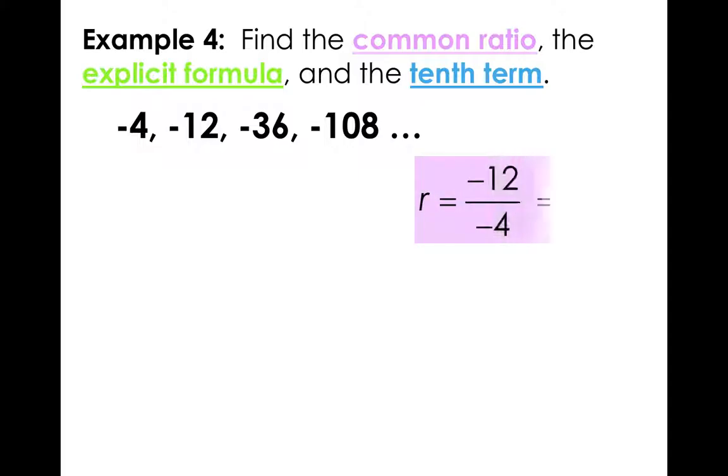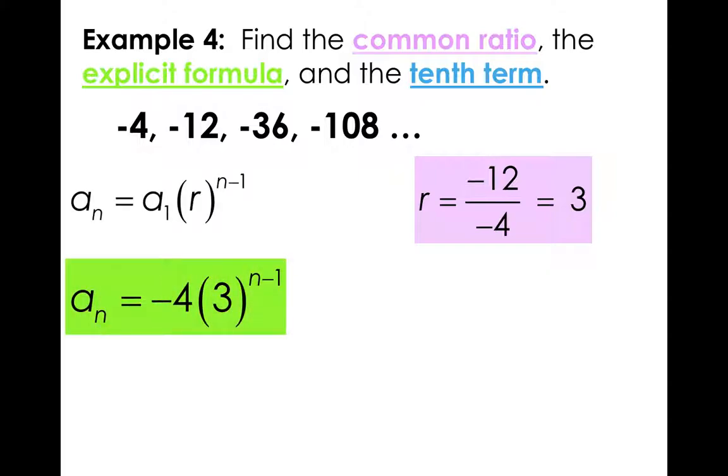So hopefully you found your common ratio to be 3. Hopefully you found the explicit formula to be -4 parentheses 3 to the n minus 1.